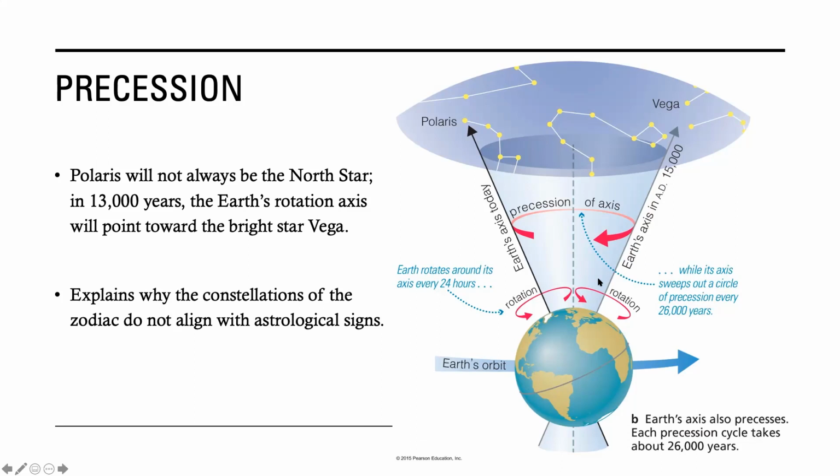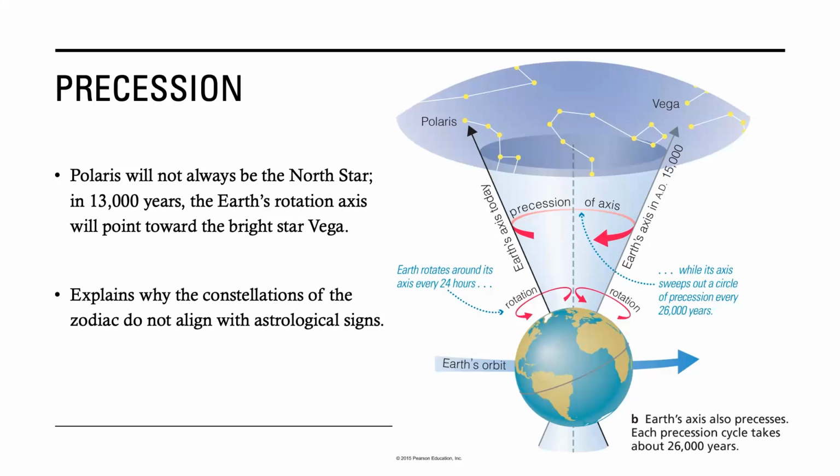Okay, so we talk a lot about astrology, and this is sort of like a big kick in the face to astrology, because the constellations of the zodiac are only so because of how Earth's tilted. But if Earth tilts and points in a different direction, then Pisces, Taurus, Sagittarius, Libra, Leo, Cancer, Capricorn, all that, they're no longer part of the zodiac.